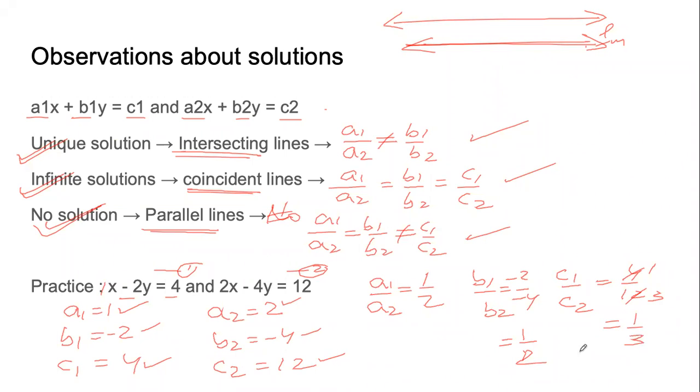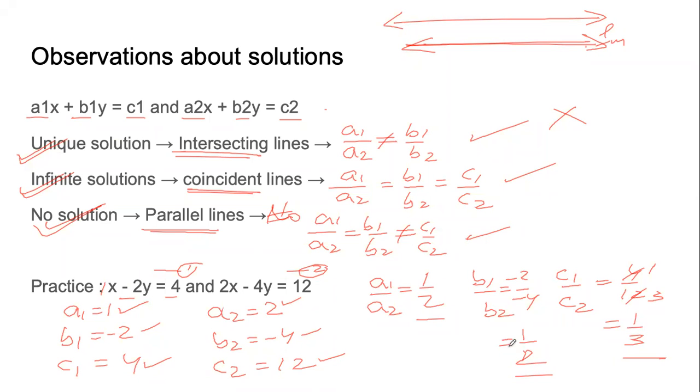So 1 by 3. Now look at the values, 1 by 2, 1 by 2, 1 by 3. That means A1 by A2 equals B1 by B2. So this is not the first condition, Aman. A1 by A2 is equal to B1 by B2. So either it is the second or third.